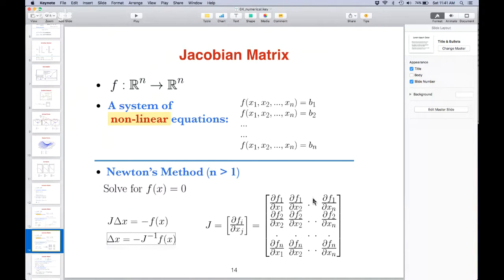It's going to be a symmetric matrix as well, because del fi del xj is by definition equal to del fj del xi. So for multidimensional cases, you will have a matrix that gives the differentials of the functions with respect to the input variables, and your step size will be given by the inverse of the Jacobian dotted into the f vector.